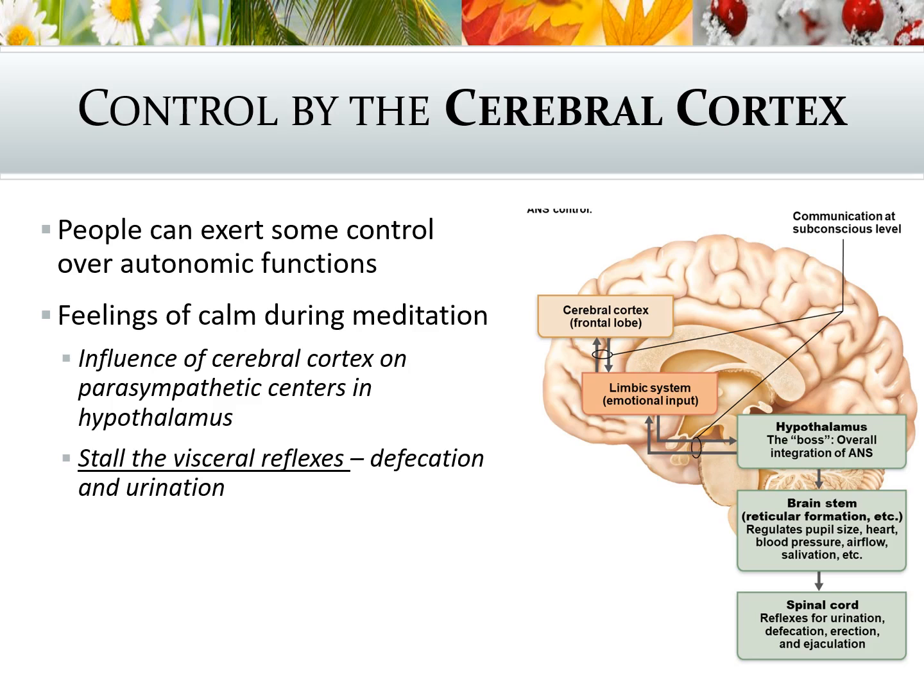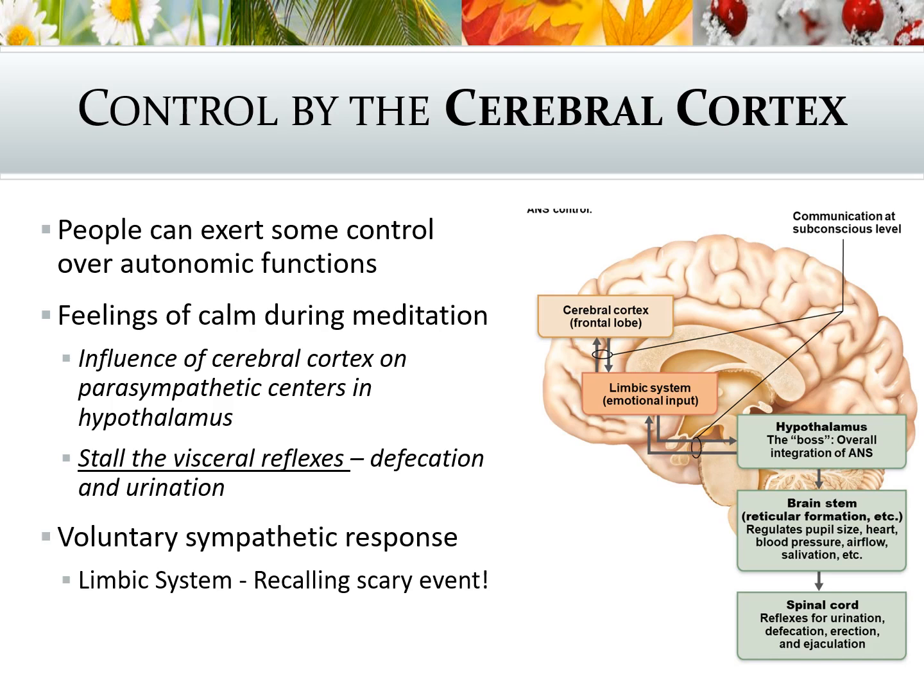So we do have some control, right? You really gotta go, but you can control when you go the majority of the time, right? Obviously, there are some incidences where you can't control the reflex, but usually we can stall the reflex until we find a bathroom.